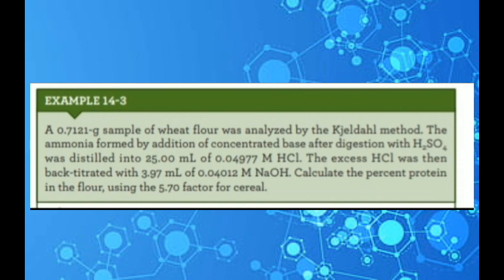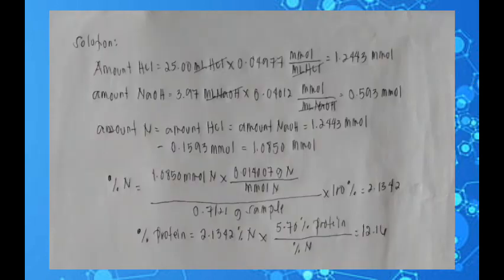So, ang mangyayari, ang amount HCl is equals to 25.00 mL HCl times sa 0.04977. So, in order para maiwan lang yung mole, kailangan natin i-divide yung mL HCl. So, kapag ni-divide, you should cancel out. Then, kapag ni-times, meron tayong 1.2443 mole.